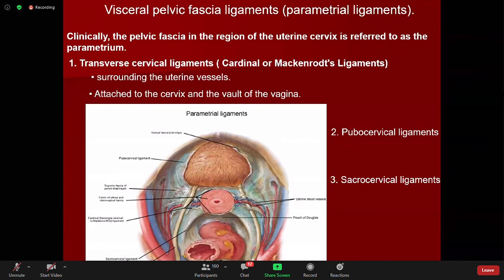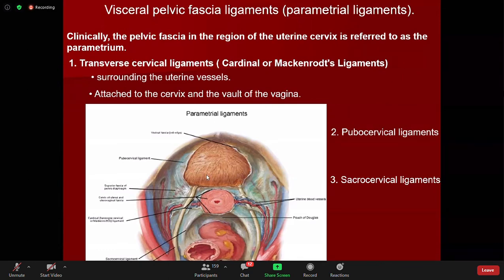Now, in the area surrounding or close to the uterus, specifically where the uterus joins the cervix, this fascia becomes condensed, becomes thick, like a ligament, and will form 3 ligaments. One of them is the transverse cervical ligament, or cardinal or Mackenrodt ligament, which is here.